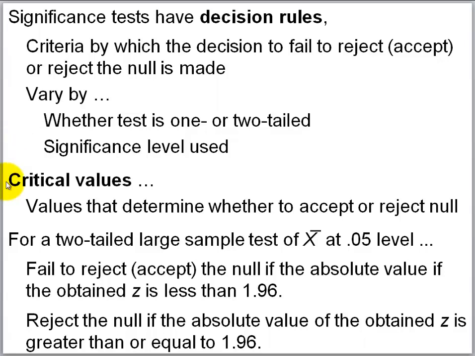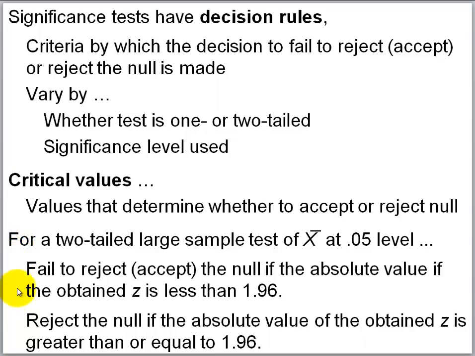Another term is critical value. So these are the values of the obtained statistic that guide you in determining whether to accept or reject the null. So here is the decision rule for a two-tailed large sample test of x bar at the 0.05 level.